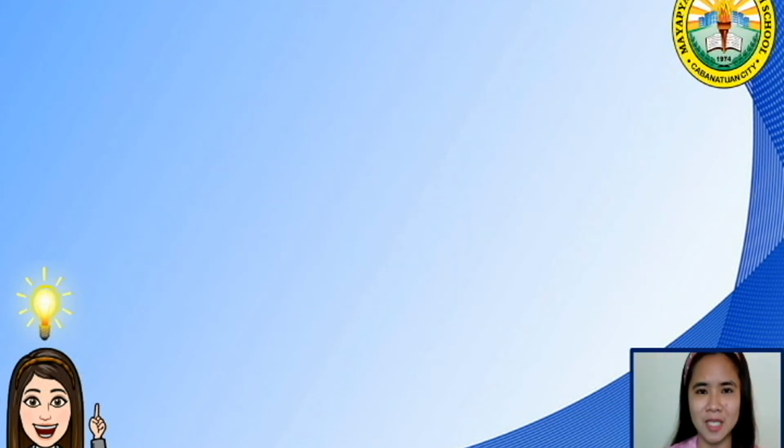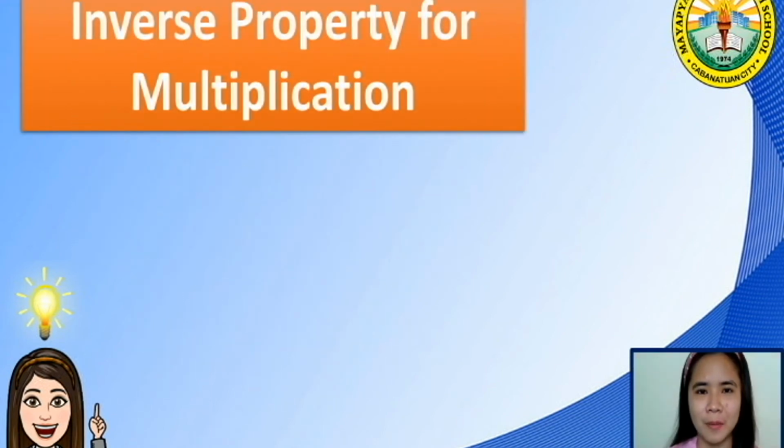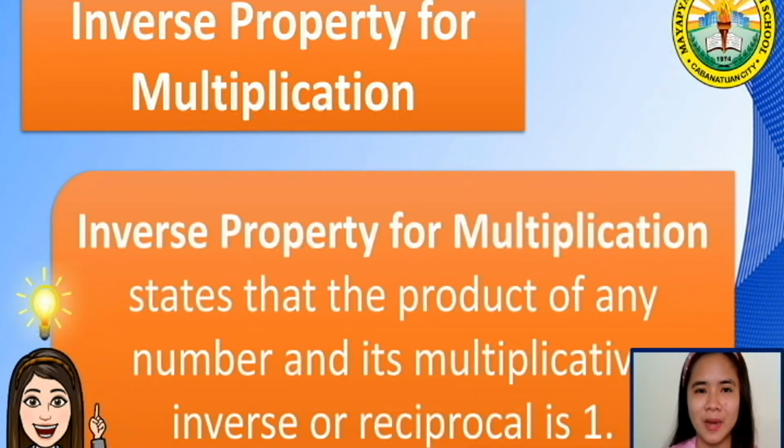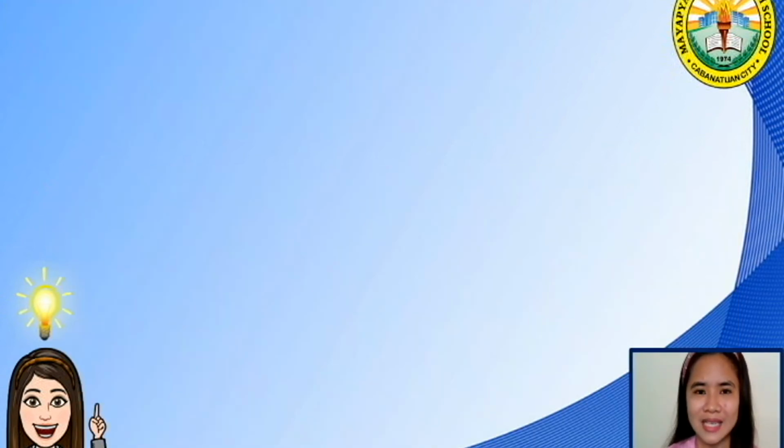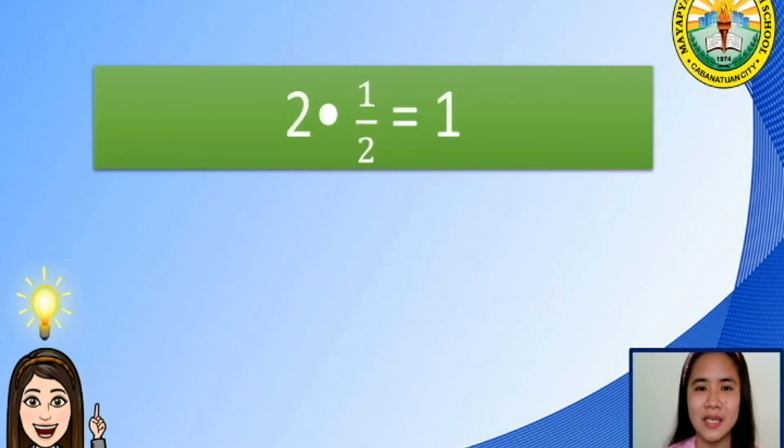Aside from the inverse property for addition, we also have the inverse property for multiplication, and it states that the product of any number and its multiplicative inverse or reciprocal is 1. Let us have an example. 2 multiplied by 1/2 is equal to 1. 1/2 is the multiplicative inverse or reciprocal of 2.